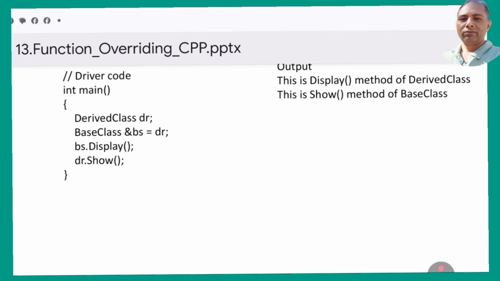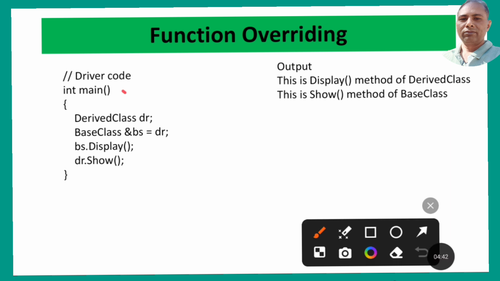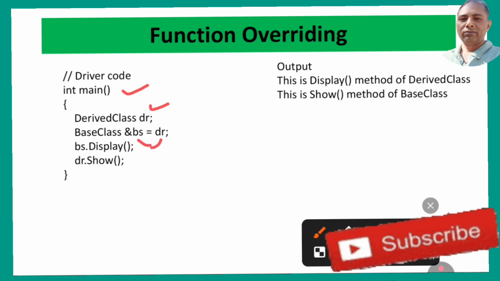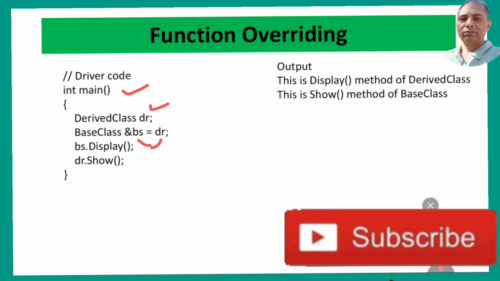Now we can write the main function, int main. We create one object dr of the derived class. Then bs, the base class pointer, holds the same address as dr, meaning it points to the derived class object.